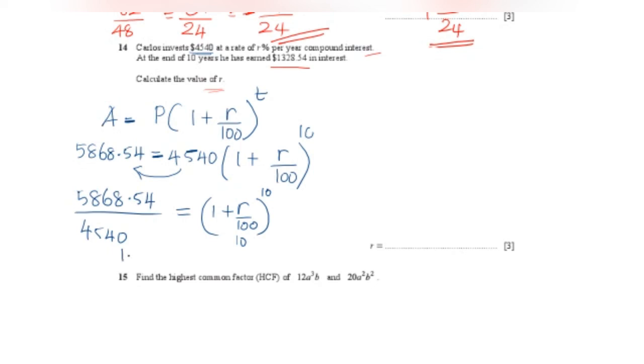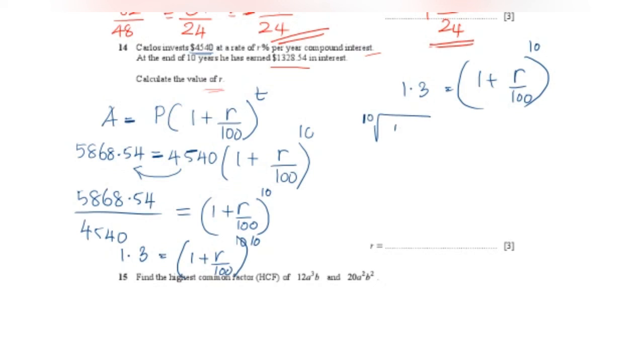So 1.3 is equal to 1 plus R by 100 the whole raised to 10. Now in order to remove this 10th power, we should take the 10th root on both the sides. So taking 10th root on both the sides, so 10th root of 1.3.